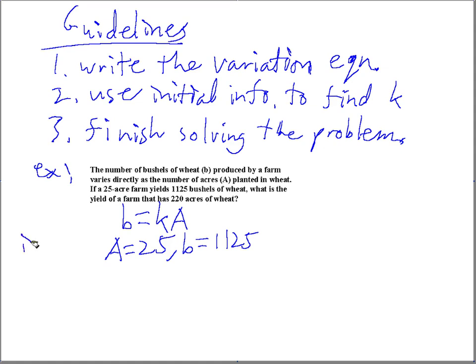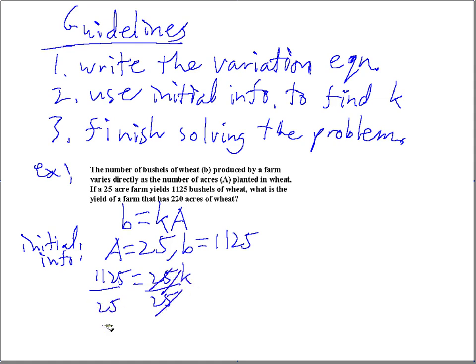These are the initial values. Let's plug these two numbers in and solve for k on the calculator. So 1125 is equal to 25 times k. Just divide by 25 to figure that out.